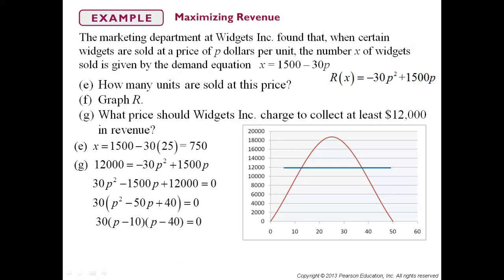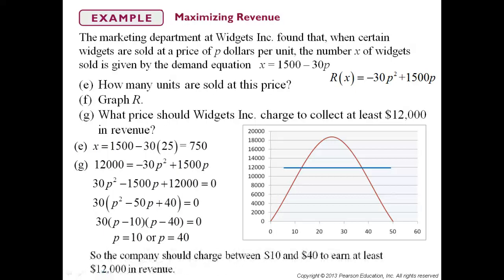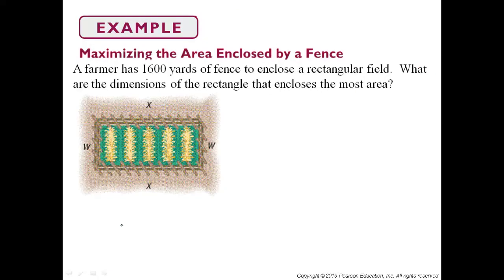Then you could factor P minus 10 and P minus 40. You get prices of $10 and $40 that give a $12,000 revenue. This part you should know, you've already done that. That's just the algebra that goes with it. So the big part is the word problems, and what you need to go from there.